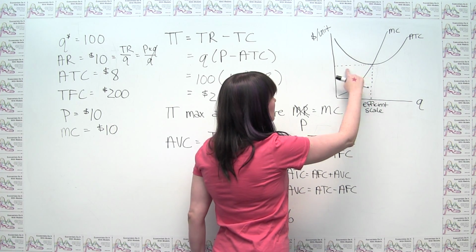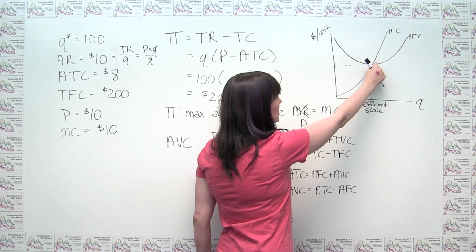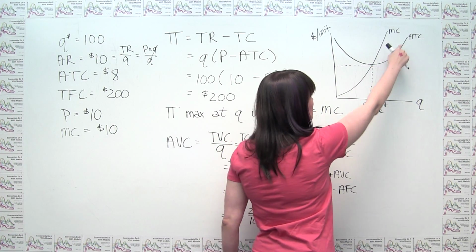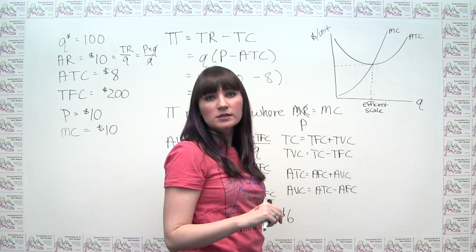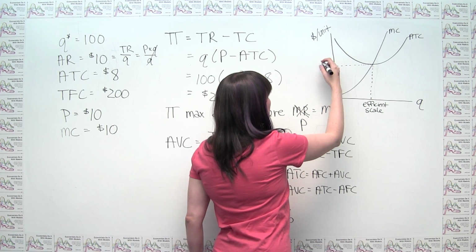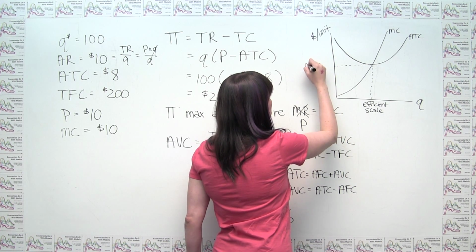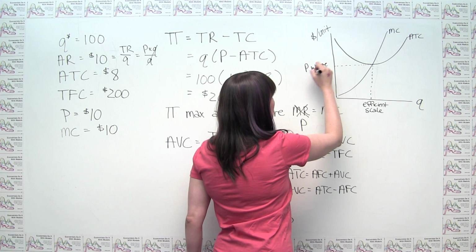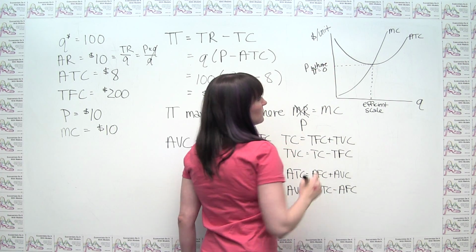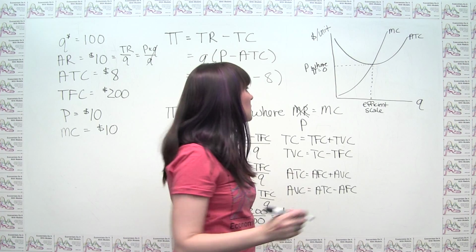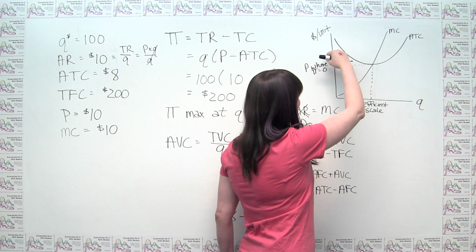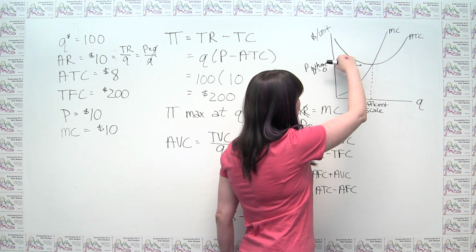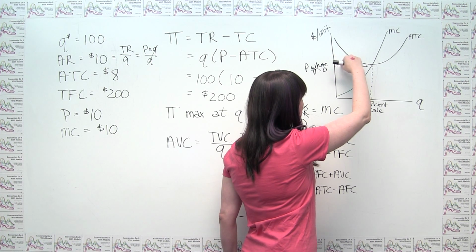And what we also know is that this price that hits just the bottom of this average total cost U is, I'll call it, the price where profit equals 0. Because this is the price where, if you think about it, we have our profit maximizing rule, price equals marginal cost.